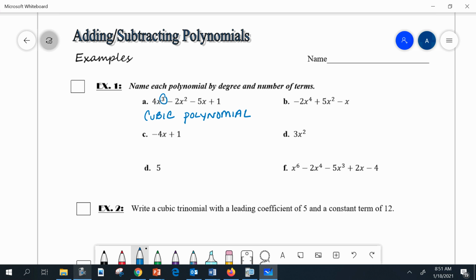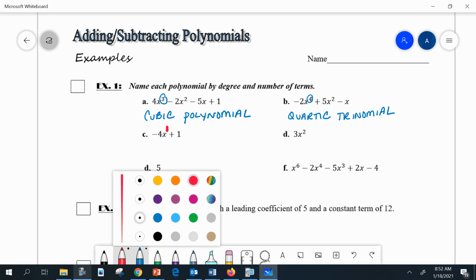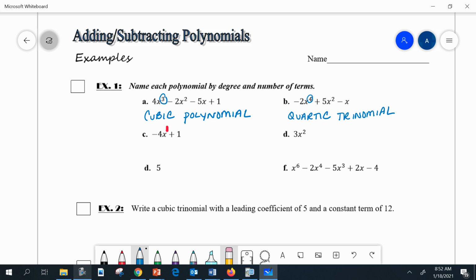All right, for part B, the degree, the highest exponent there, is 4, and so that is called a quartic, and the fact that it has 3 terms makes it a trinomial. So when you put it all together, we call this a quartic trinomial. For part C, a little tricky, you don't see the exponent, so we talked about how if you don't see the exponent, you assume that it is a 1, okay?